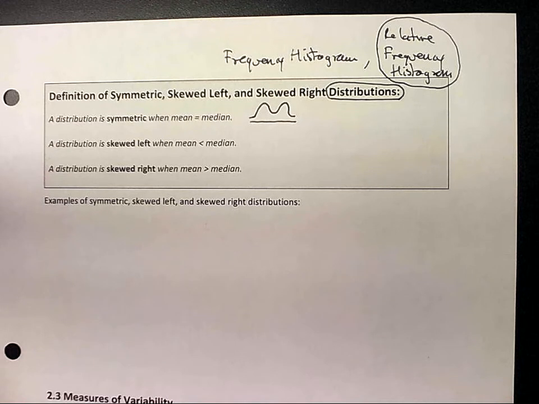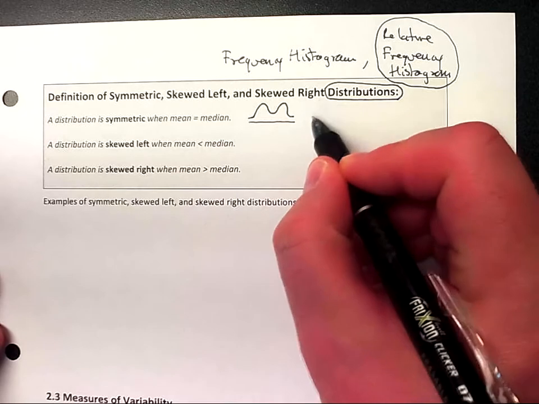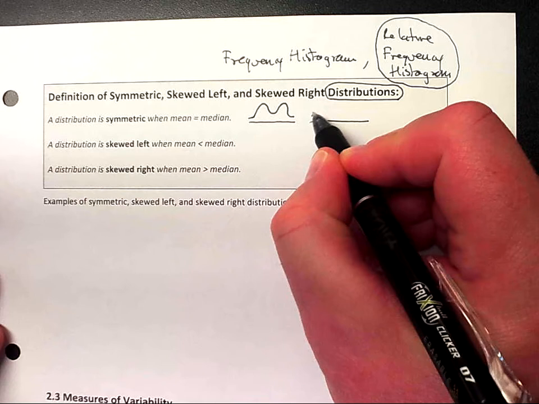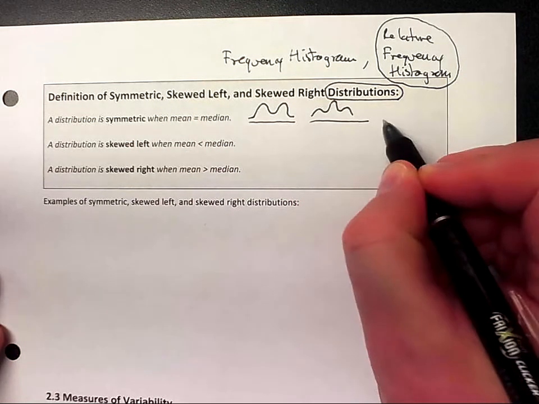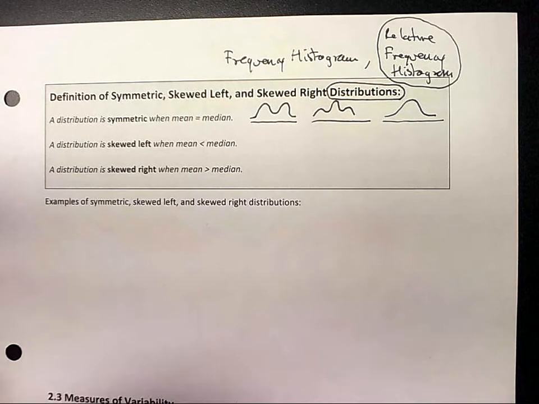Perfectly drawn, perfectly symmetric, right? Another example of a symmetric distribution could be something that looks like this, where there's just one peak in the middle. Is everybody good with what a symmetric distribution looks like? Left-hand side is the same thing as the right-hand side.